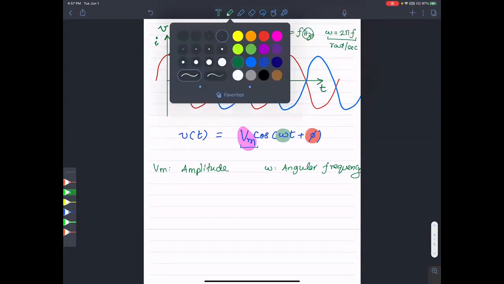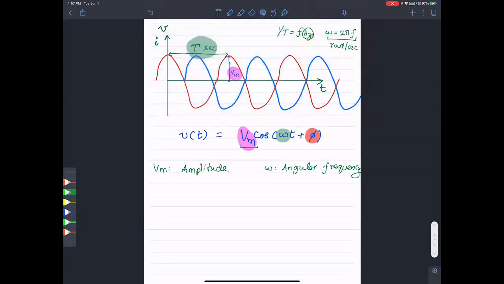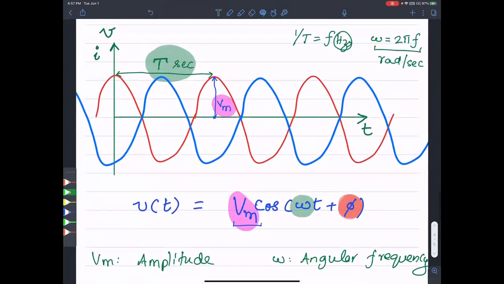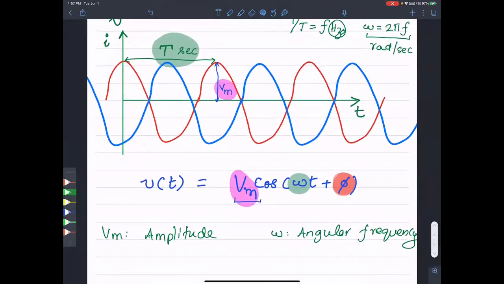Let's see, maybe I can duplicate this. There you go. If you look at the red wave and the blue wave, they're exactly the same, except that one is delayed compared to the other.